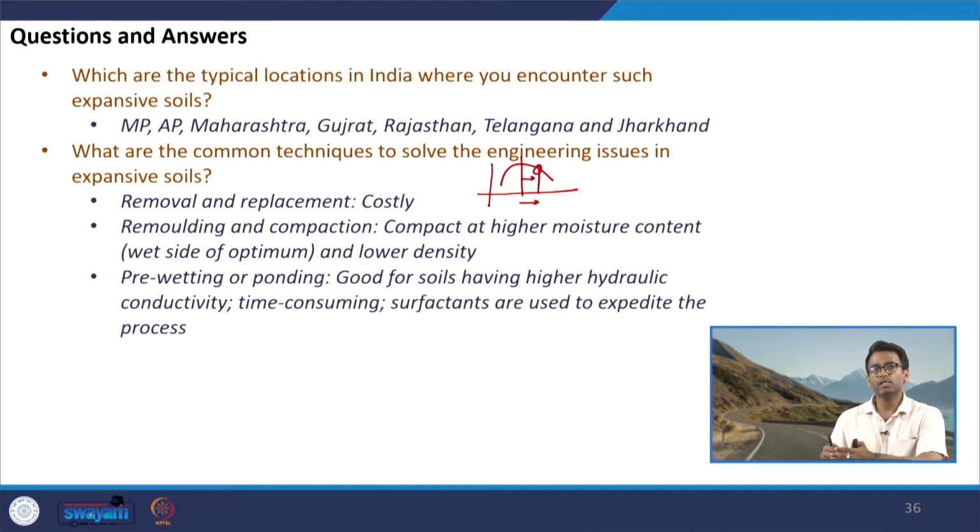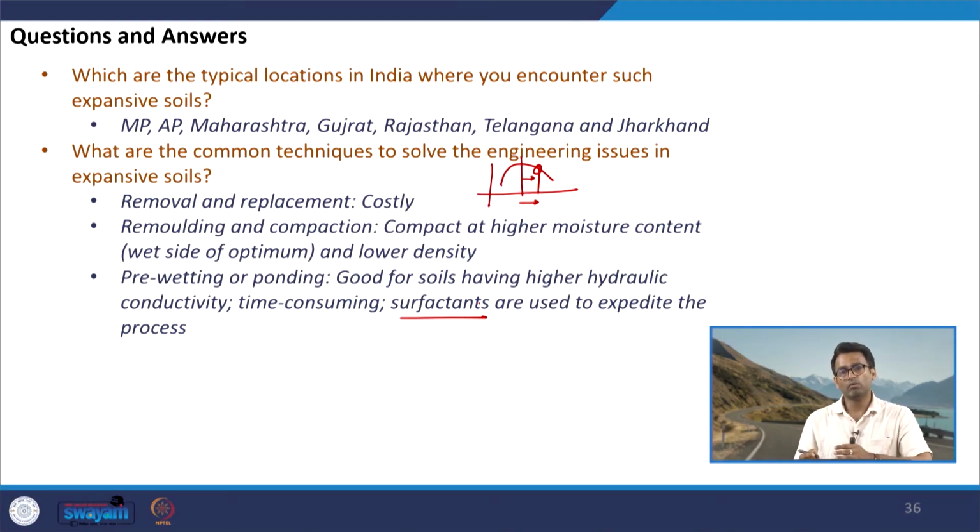In those soils it is very impractical, you can say, to completely wet the soil, because it takes a very considerable period of time to completely wet the soil through this particular process. To expedite the process of wetting, sometimes surfactants are used, and this usually helps make the process of pre-wetting fast.